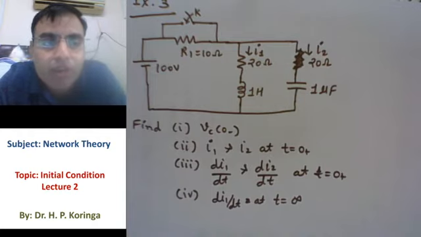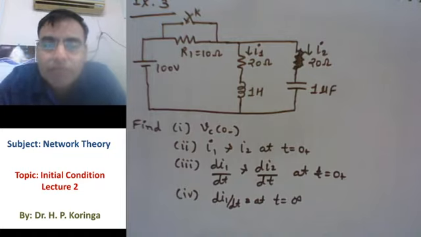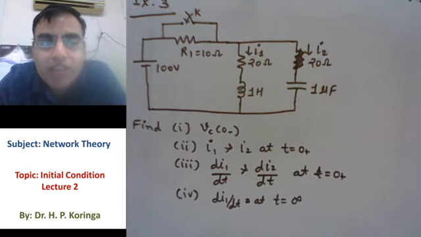So both components are fully charged and in steady state conditions. Once charged, it means they have reached steady state. In steady state, the inductor works as a short circuit and the capacitor works as an open circuit.